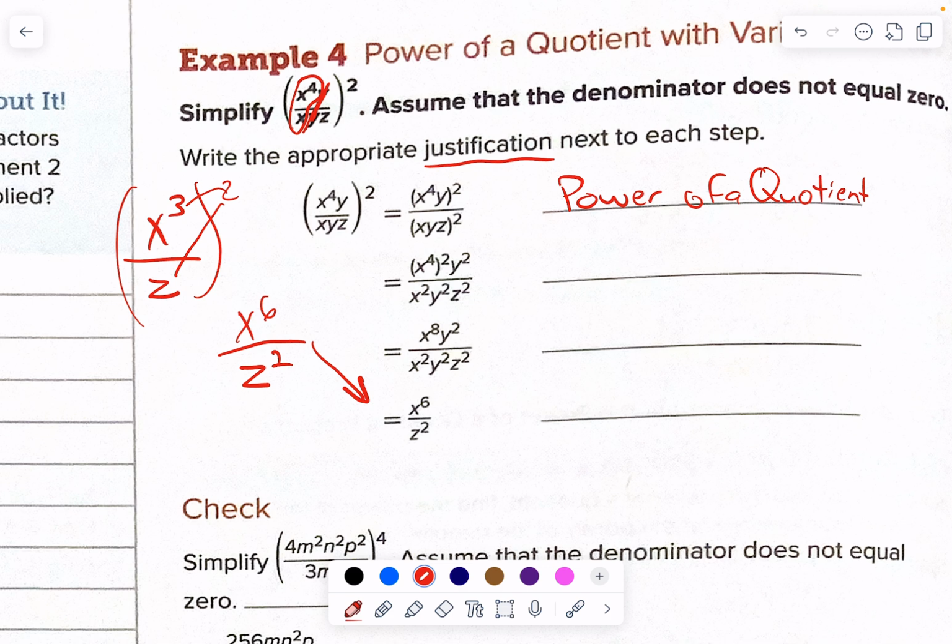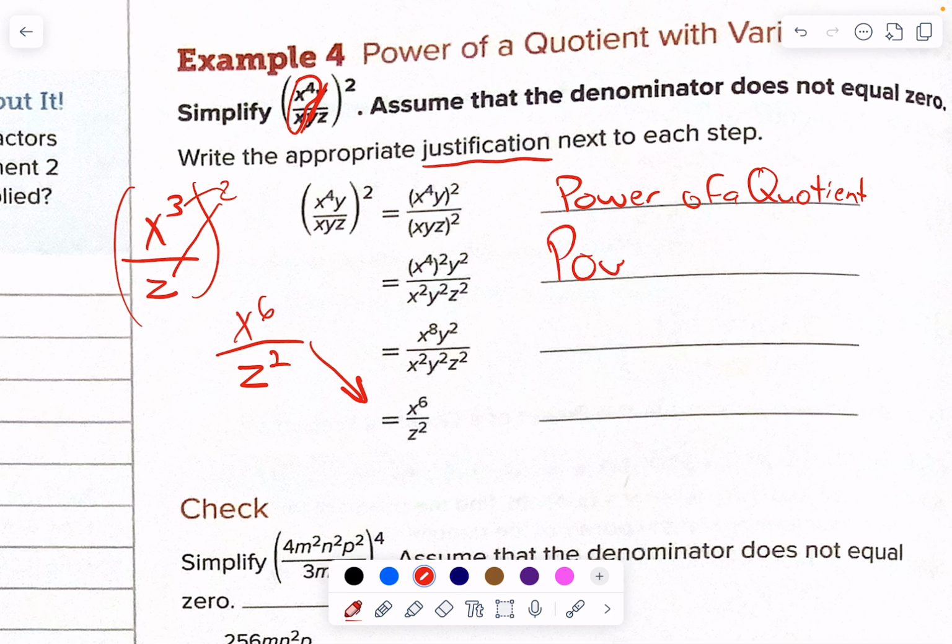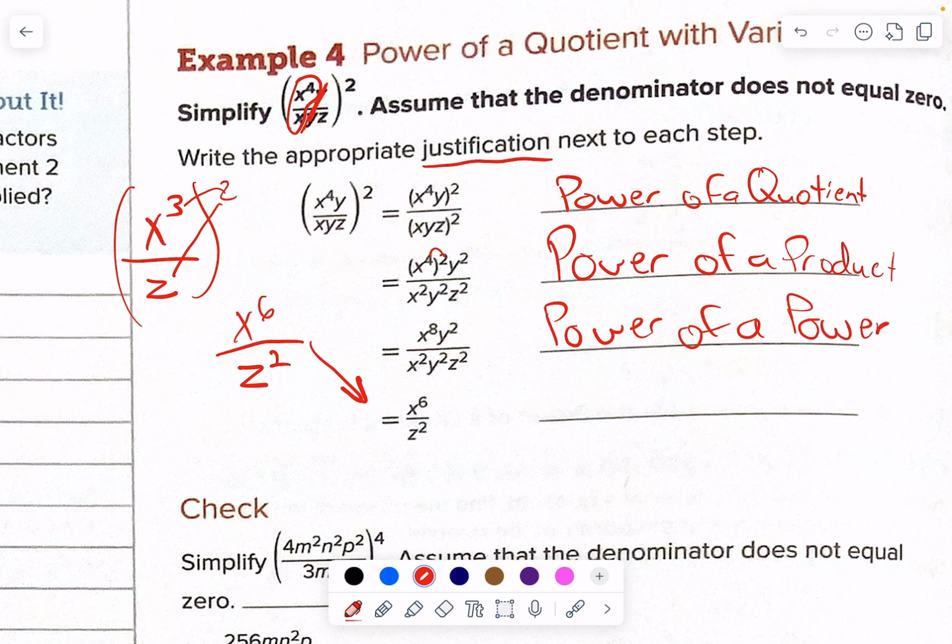So we have a product, we're multiplying the x to the 4 times y, and we're going to take the power. So power of a product. Step 3 then is we're taking that power to that power. So power of a power. And then that last step is the quotient of powers, that first thing we talked about.